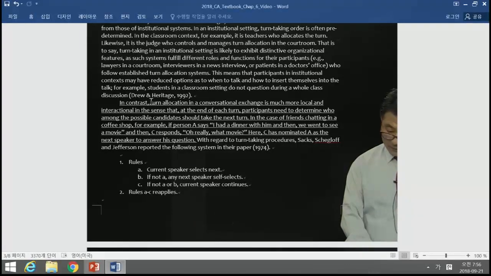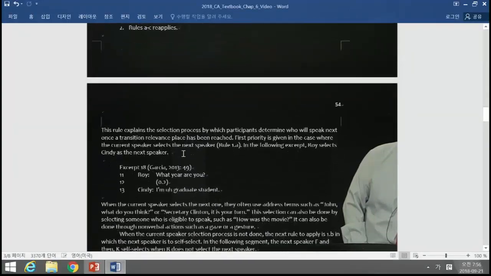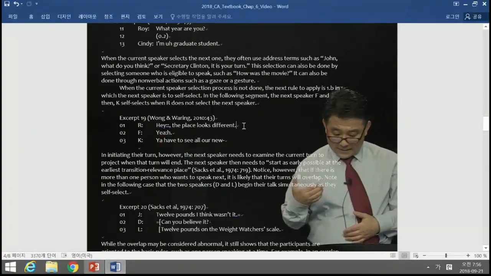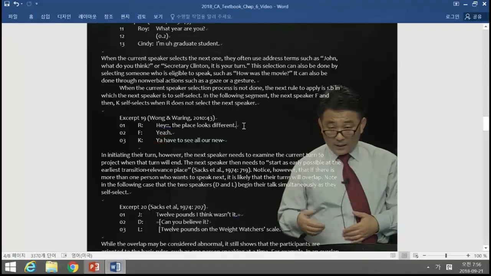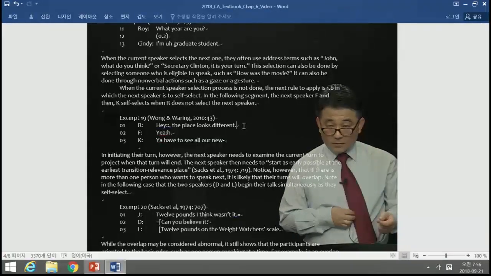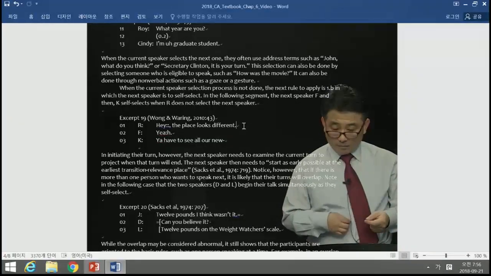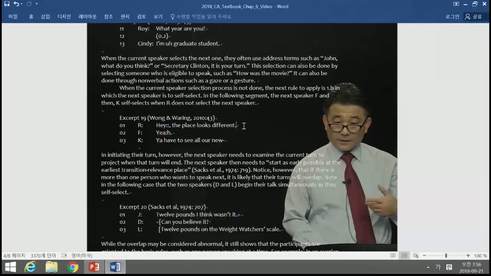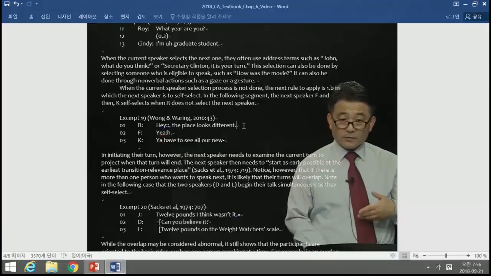So for example, in excerpt 19, if you look at R, hey, the place looks different. But then F says, yeah. R didn't necessarily point out who's going to speak next, although there are F and K. So F self-selects, and then K also self-selects.